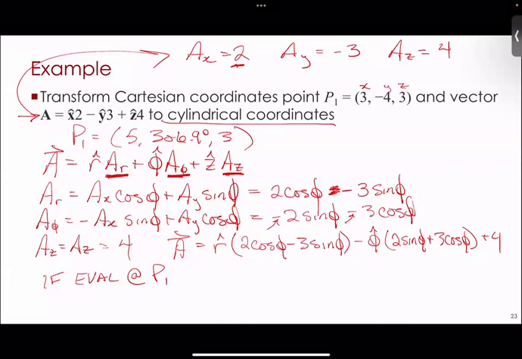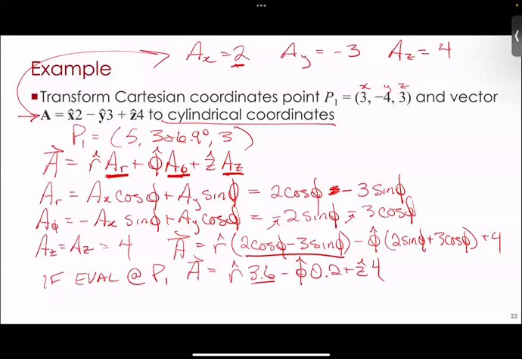You plug that there, there, there, and there, and you just plug it into your calculator. Make sure you're in degree mode if you're using 306.9, and you'd get A equals like R hat 3.6 minus phi hat 0.2 plus Z hat 4. So like 3.6 would just be 2 times the cos of 306.9 degrees minus 3 times the sine of 306.9 degrees. And that's how you would do that.